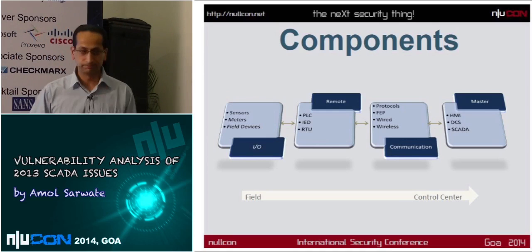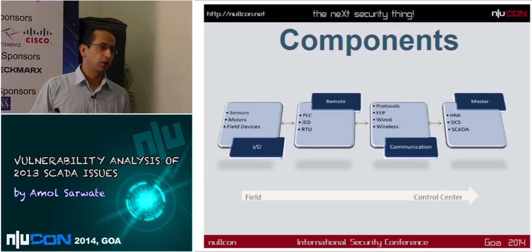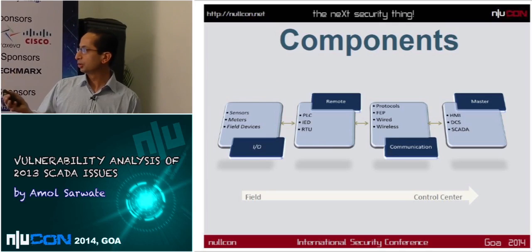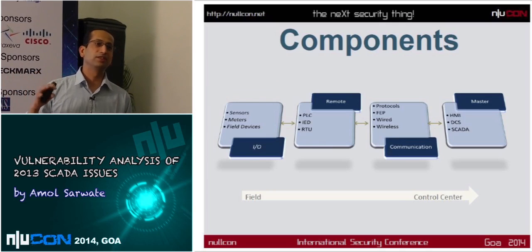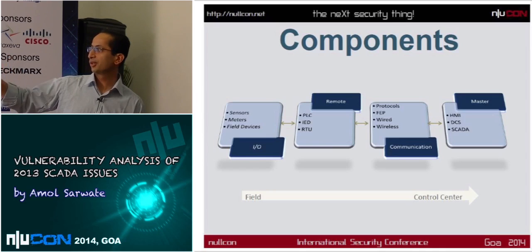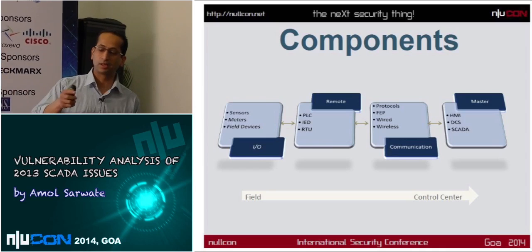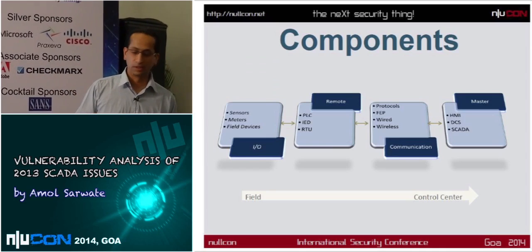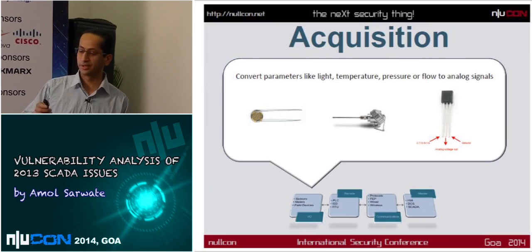For now, there is no need to make this more complicated. The things on the left could be really far away, and the things on the right are where they are being controlled. So this is the field here, and this is the control center.